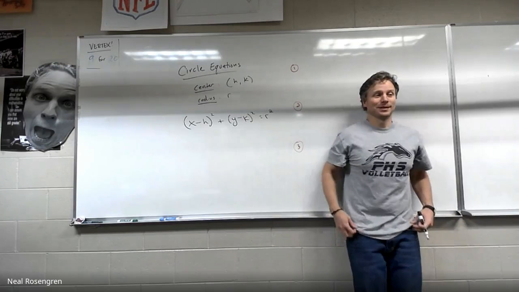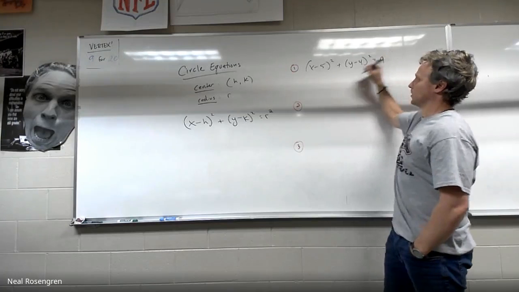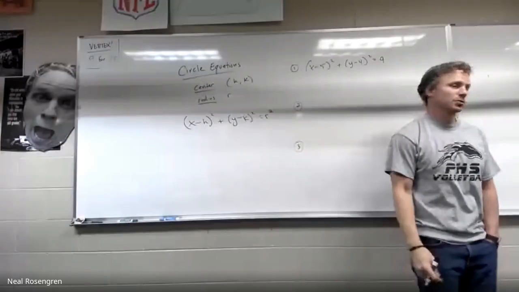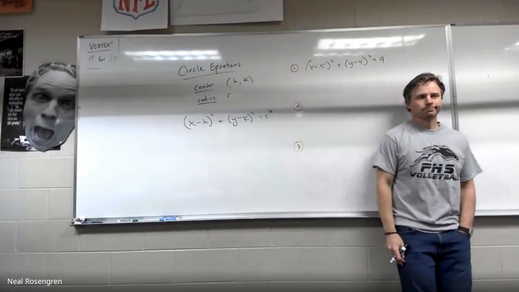I want to hear from you. Give me something. (x minus 5) squared plus (y minus 4) squared equals 9. Good. Right, 5, 4. So minus 5, minus 4, and then you take whatever the radius was and you just square it. Good.